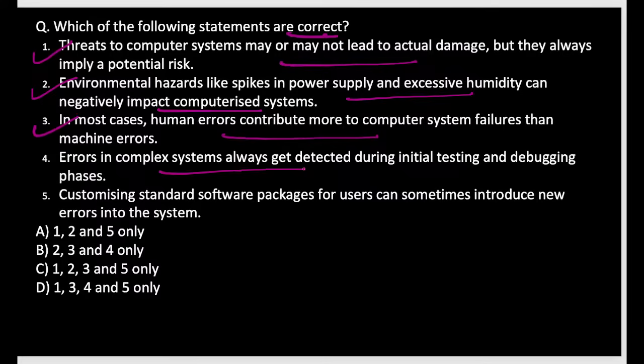Errors in complex system always get detected during the initial testing and debugging phase. Okay, we cannot say always. They can be hidden. Customizing standard software package for user can sometimes introduce new errors into the system.